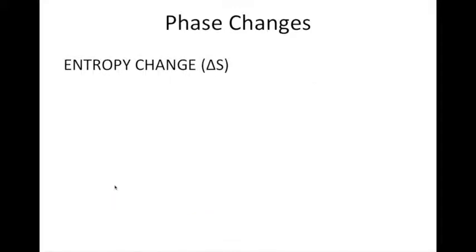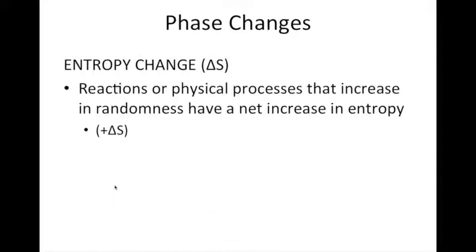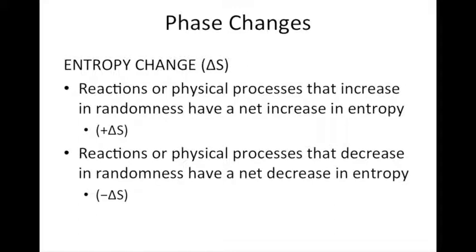Let's take a look at entropy change. Reactions or physical processes, such as phase changes, that increase in randomness have a net increase in entropy. So for example, if a substance is going from a liquid to a gas, you're getting more random, and so delta S would be positive.